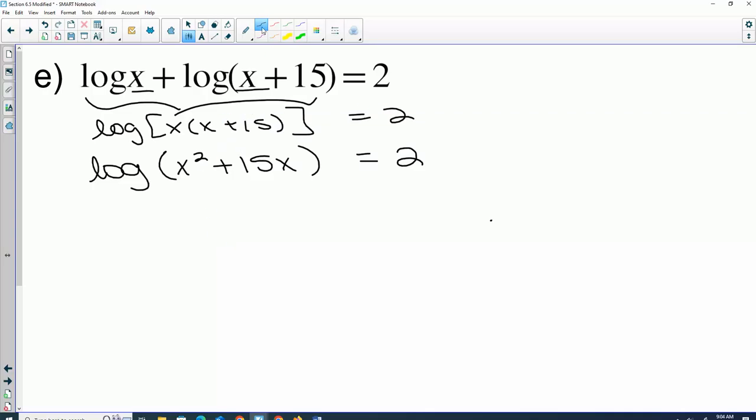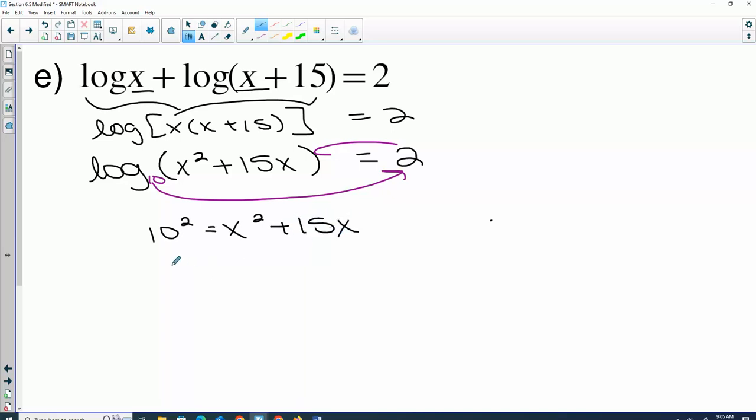Now, once you have a log on one side, our strategy is change it into exponential. If there's no base written, what do we assume? So that means 10 to the second equals x squared plus 15x. 10 to the second is 100, so I can subtract that over.